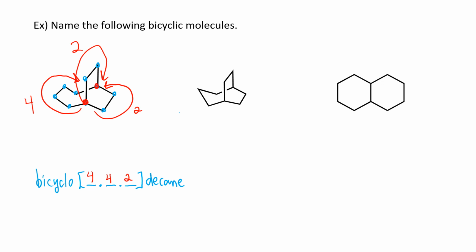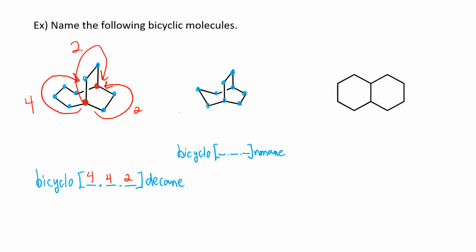In our next example, we can count the number of carbons: 1, 2, 3, 4, 5, 6, 7, 8, 9. So this is going to be some form of bicyclo something, something, something, nonane.